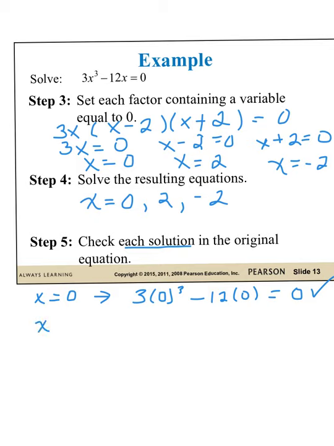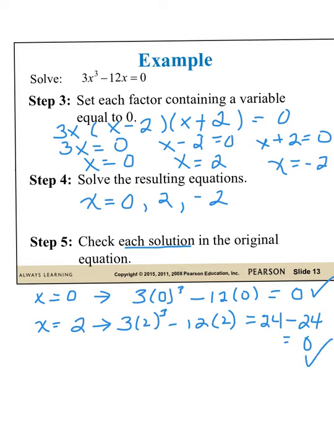We will check x equals 2. 3 times 2 cubed minus 12 times 2 is 3 times 8, which is 24, minus 12 times 2 is 24, and that also equals 0, and so our second solution checks.